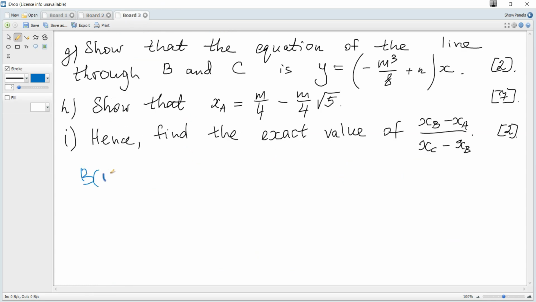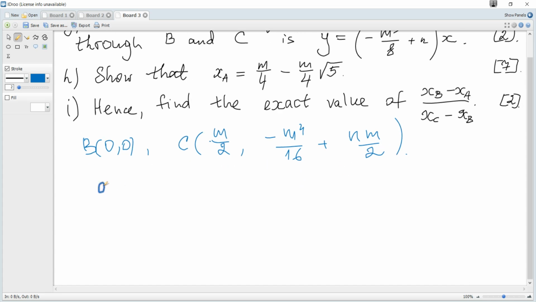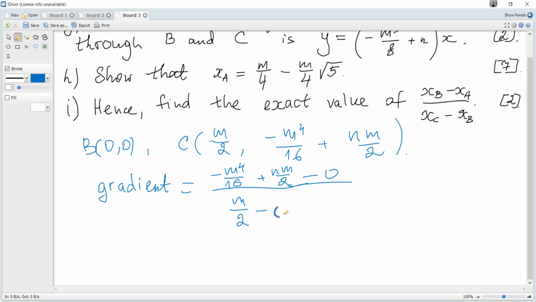Let's rewrite B (0, 0) and C with coordinates m over 2, negative m to the power 4 over 16 plus nm over 2, and we write the gradient, which is rise over run: negative m to the power 4 over 16 plus nm over 2 minus 0, over m over 2 minus 0.